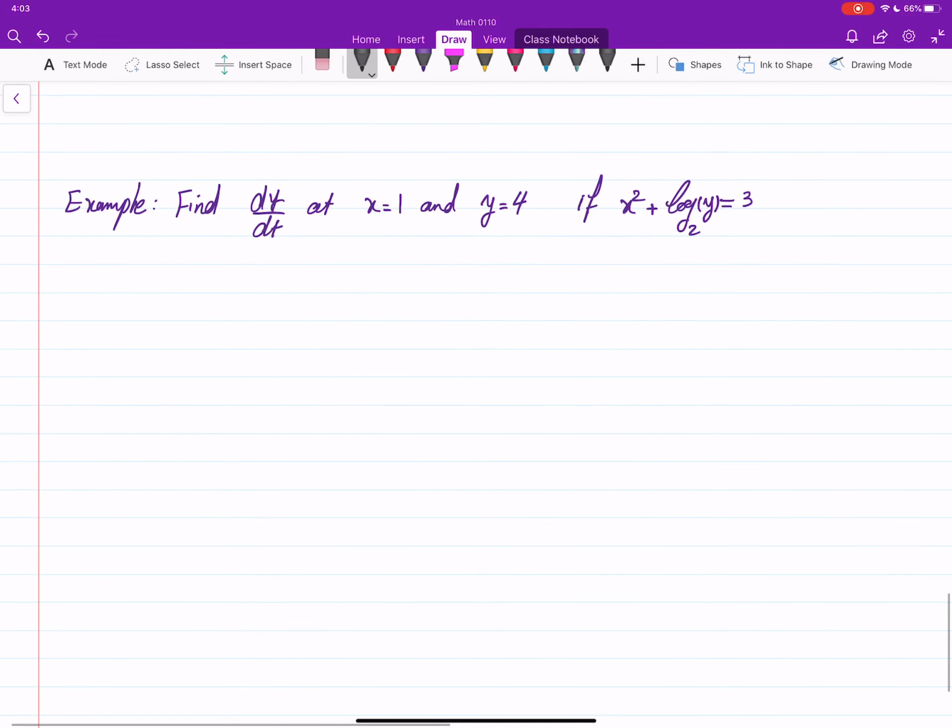The last example is a related rate equation. So we have this equation, x and y are functions of t. We are trying to find the derivative of y with respect to t at a given point. Oh, one thing is missing here, and that is that the derivative of x at that point is also equal to 2. So find the derivative of both sides of the equation with respect to t.